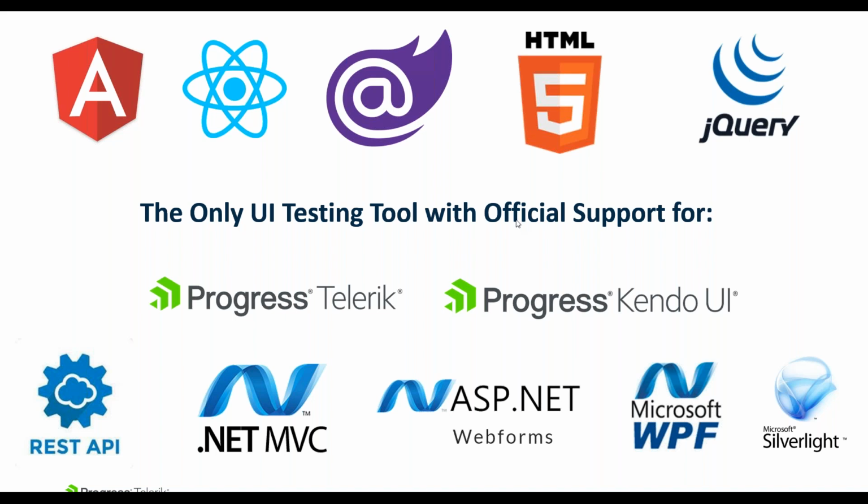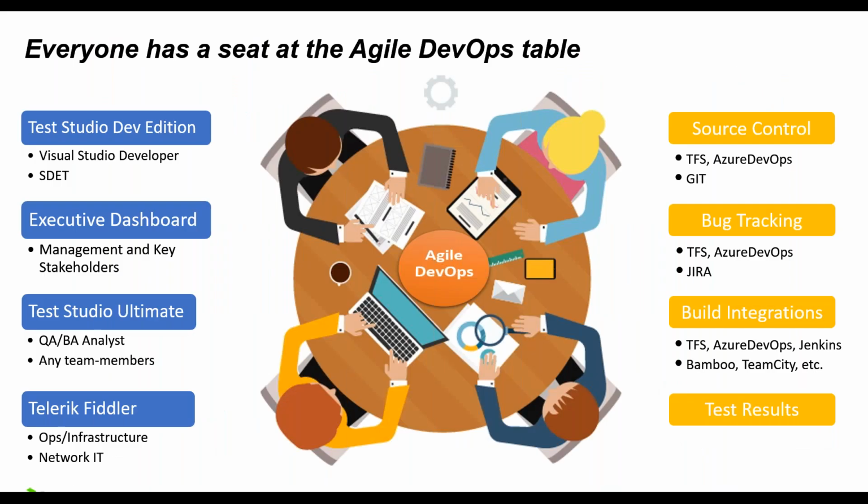We also support Silverlight testing yet, but going through the more contemporary HTML5 for jQuery applications, reaching up to the new cool kids on the block like Blazor, Angular, React, Vue, etc. Right, and of course, Test Studio is the only official UI testing tool with support for our own UI components as well, on top of those different technologies that you can see.